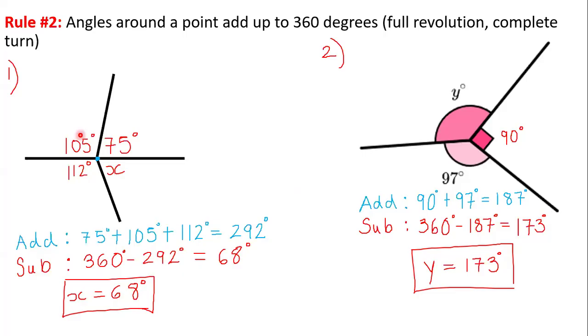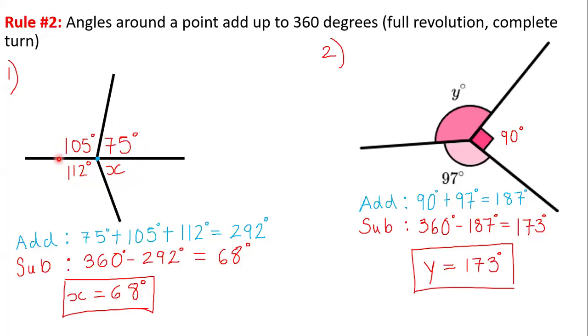So basically, the rule states, read the rule for me, Nikisha, what it says. Angles around a point add up to 360 degrees, full revolution, complete turn. Very good. So this is the point right here, right? The angles are around this point. So what should they be equal to?